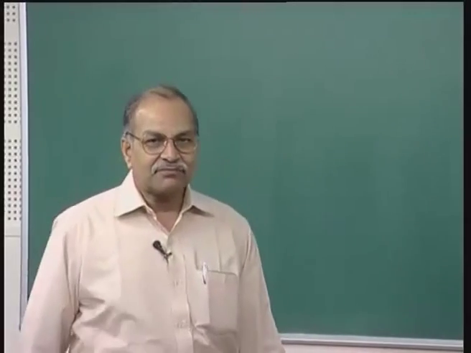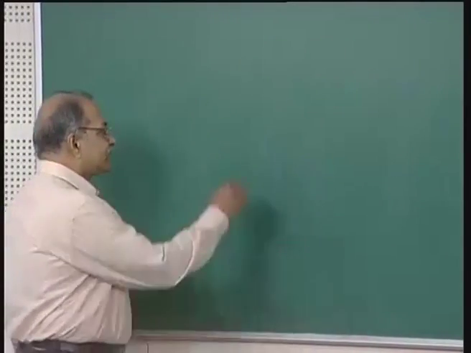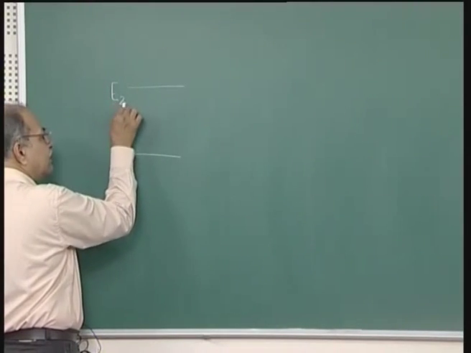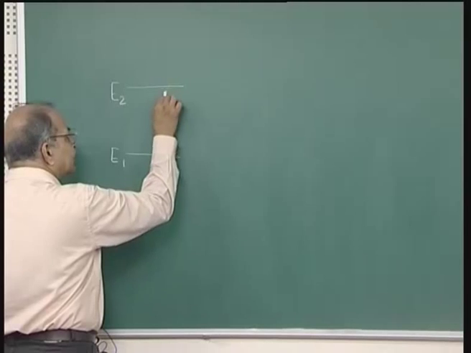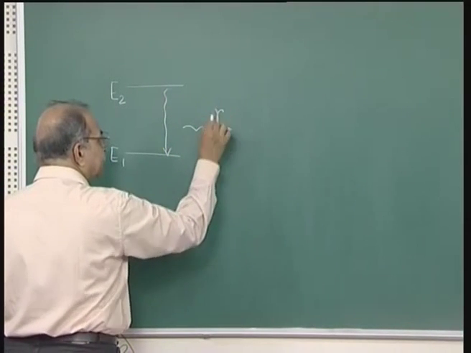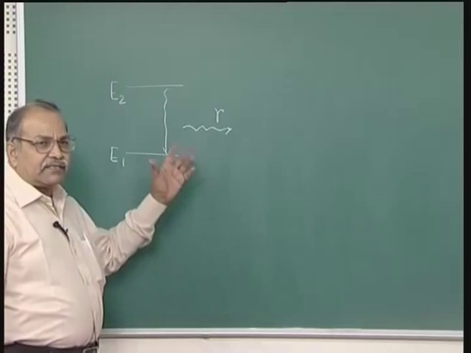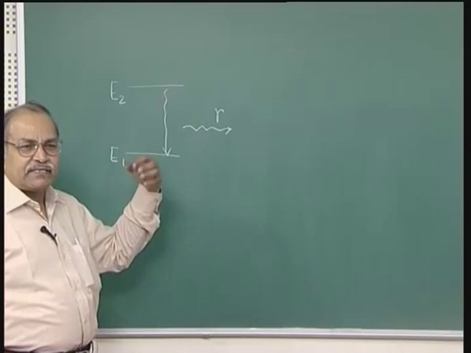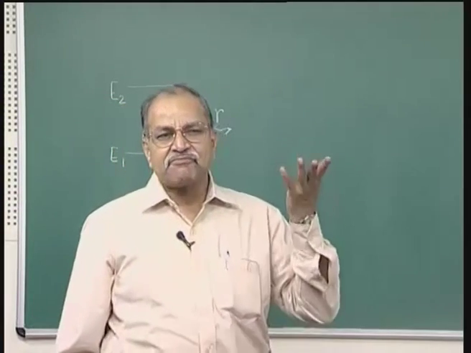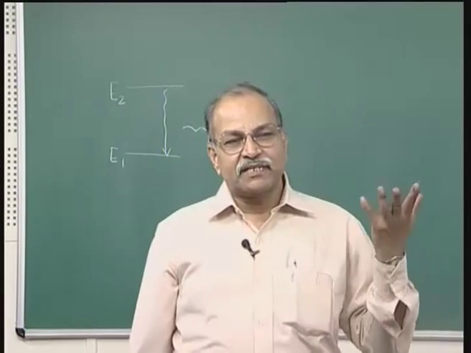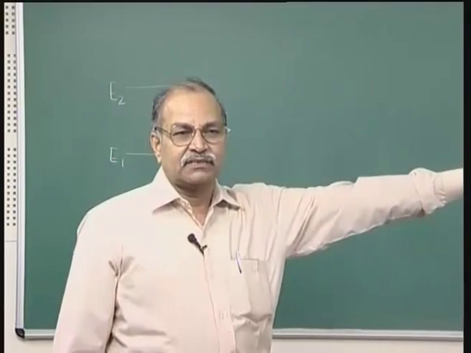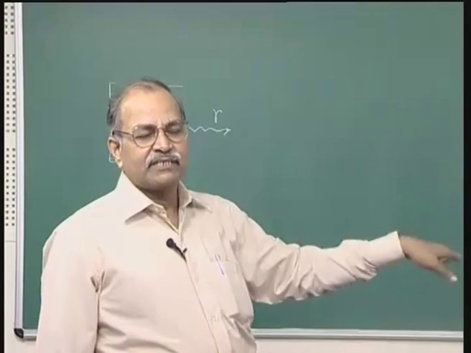Suppose you have a nucleus in an excited state and that emits a gamma ray. This is energy level E2, E1, and then it comes here and gives you this gamma ray. I said that because of the interaction with the solid, these energy levels are shifted a little bit, of the order of say 10 to the power minus 8 electron volt or so, and similar is the case with the absorber where this nucleus is in the ground state.